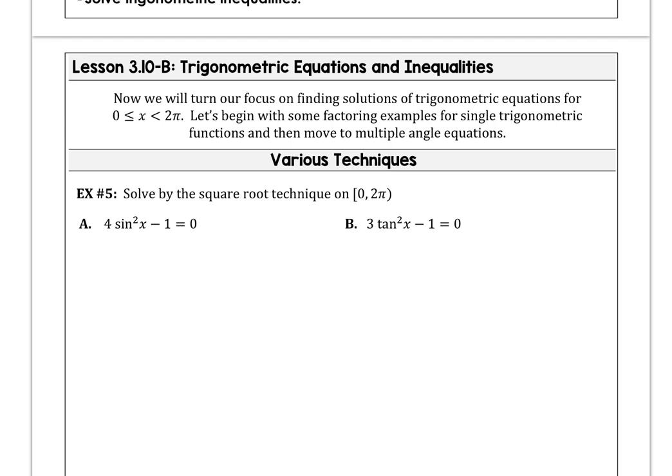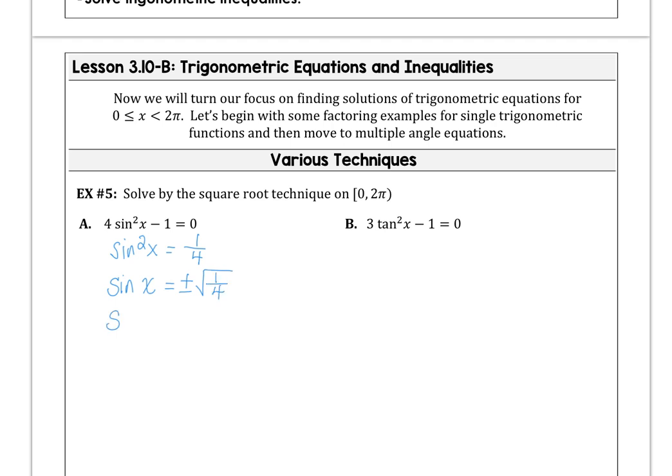In example 5, we want to solve by the square root technique on 0 to 2 pi. So sine squared, we can isolate sine squared by adding 1 and dividing by 4, and then taking the square root of both sides. The square root of sine squared is sine, but the square root of 1/4 is going to be both the positive and negative square root of 1/4.